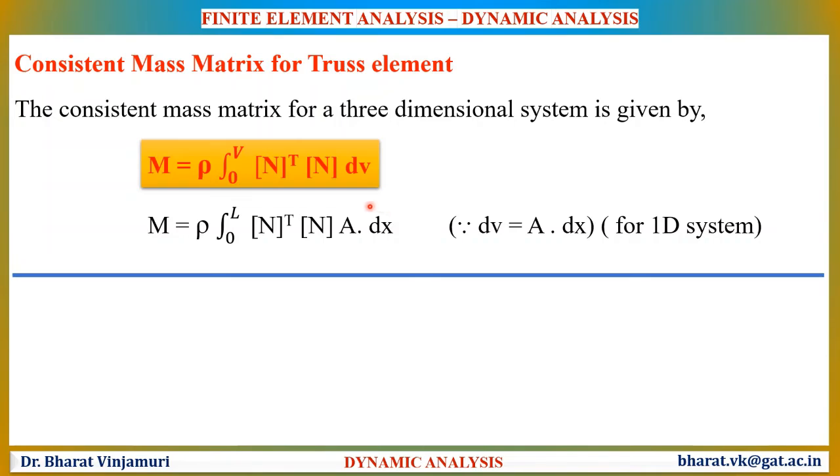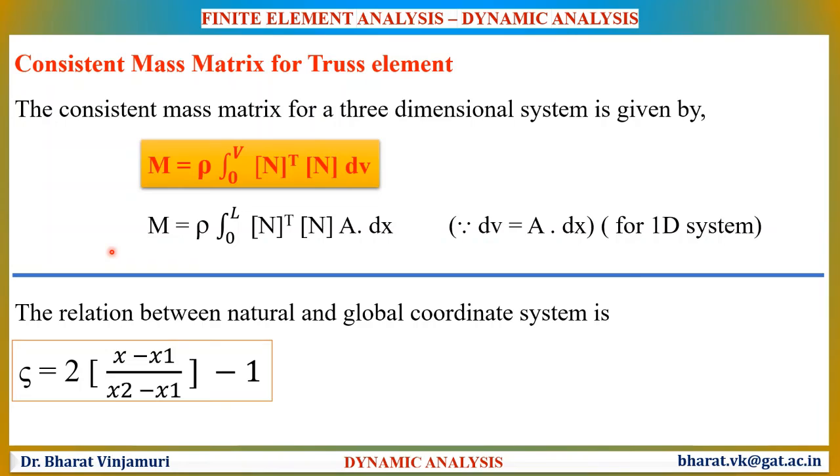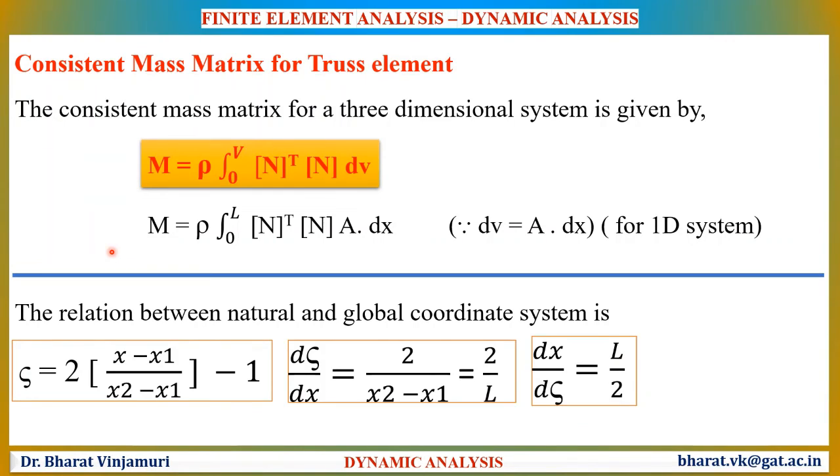By finding the relation between the global coordinates and natural coordinates, the entire equation can be converted into the natural coordinate system. Thus, by using the relation between the natural and global coordinate systems, we will be able to determine the value of dx in terms of d zeta.